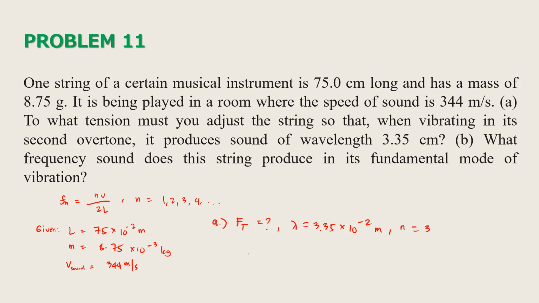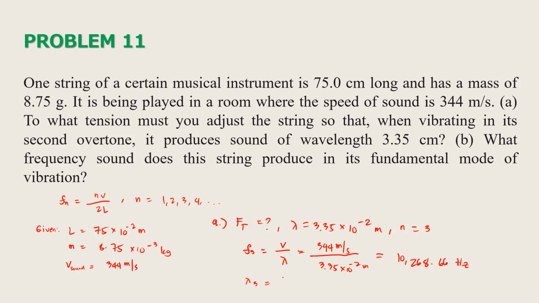So from the given, we can find f sub 3, which is just equal to v over lambda. So v is equal to 344 meters per second divided by 3.35 times 10 to the minus 2 meter. So this is equal to 10,268.66 hertz.